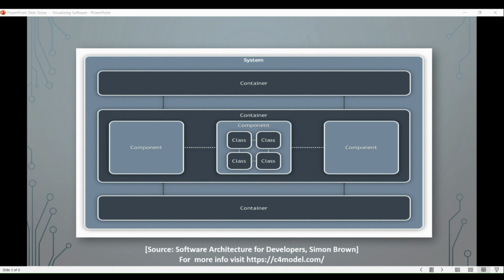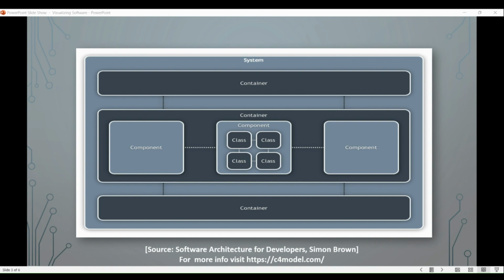Simon Brown has mentioned on his website as well that the C4 model is an abstraction first approach to diagramming software architecture based upon abstractions that reflect how software architects and developers think about and build software. The small set of abstractions and diagrams makes the C4 model easy to learn and use.